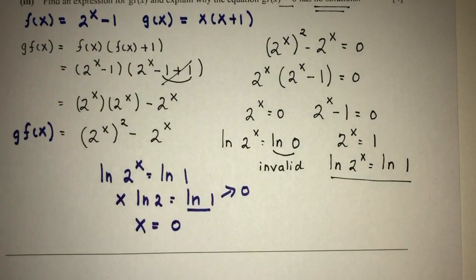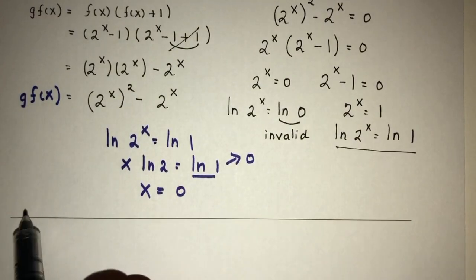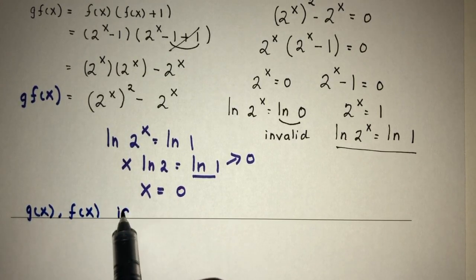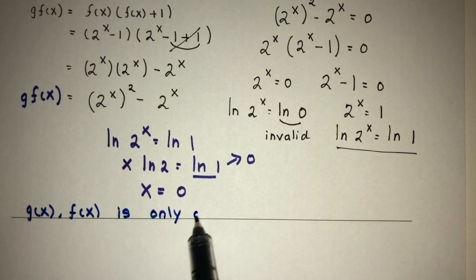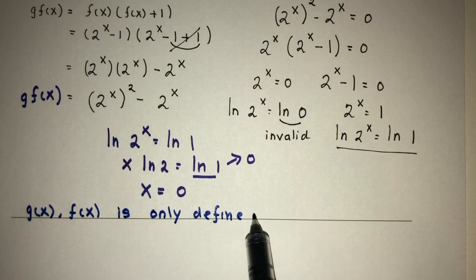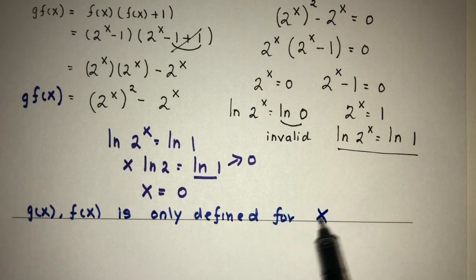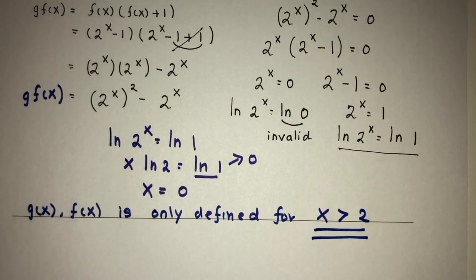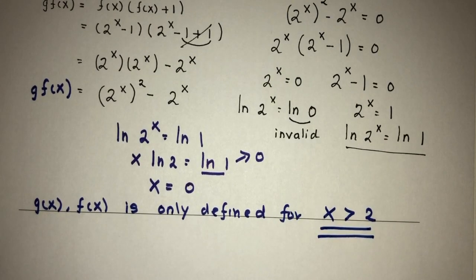So you can write because g of x and f of x is only defined for x more than 2. So for x equal to 0, it will not be valid because of the domain of the two functions. Because of that, we don't have any solutions for that expression. That will be question number 11.